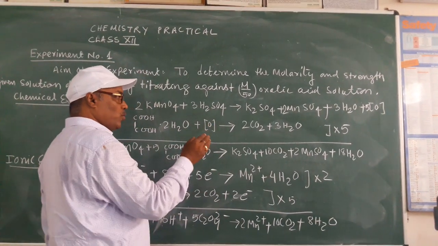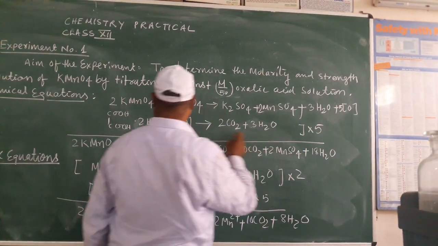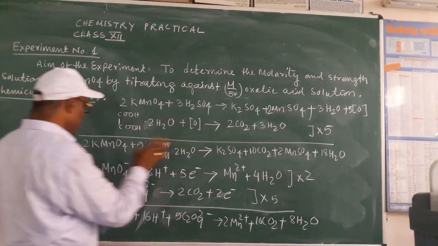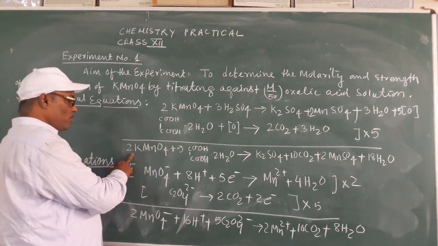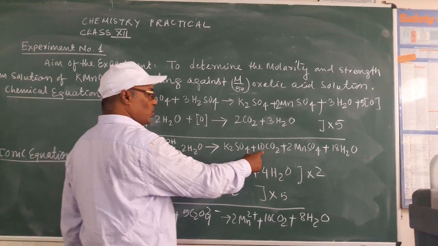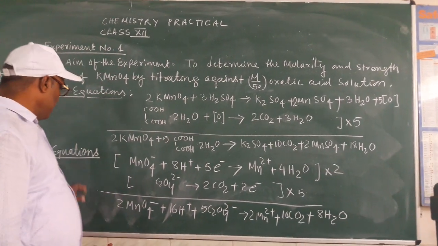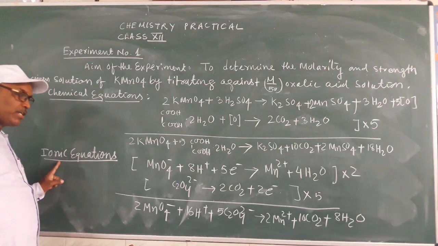In order to cancel the natural oxygen, here 5 natural oxygens are there. So multiply equation 2 by 5. We have the net equation as 2 KMnO4 plus 5 oxalic acid plus 3H2SO4 gives K2SO4 plus 10 CO2 plus 2 MnSO4 plus 18H2O.